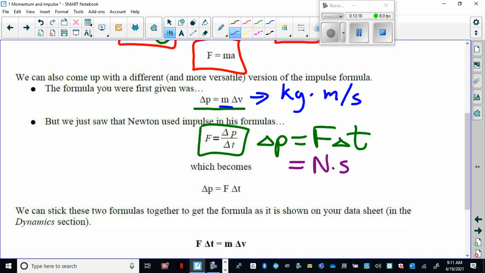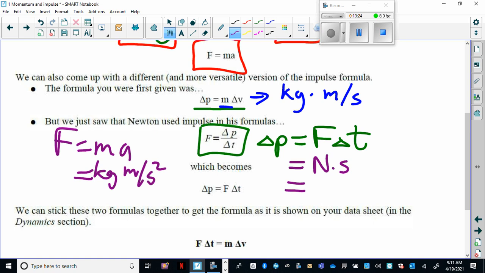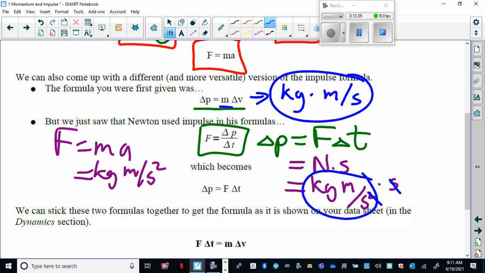Well, of course they are, because F equals ma, so a newton is a kilogram meter per second squared. So if I change this to kilograms meters per second squared multiplied by seconds, I can clearly see that this cancels out this, and I'm left with kilograms meters per second, just like this one. So yes, they are equivalent.